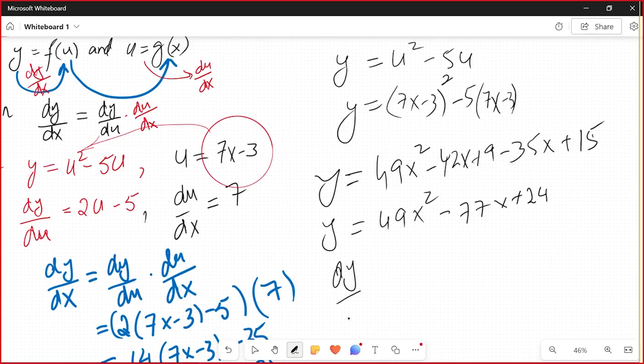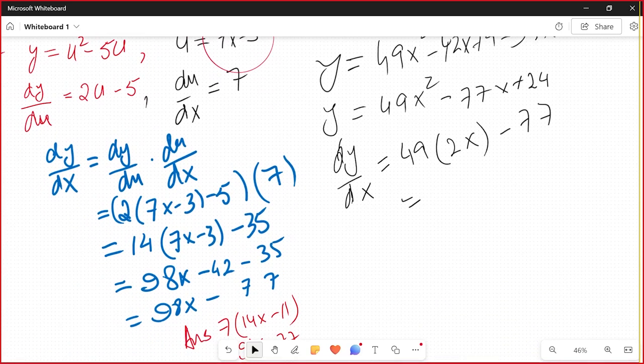So what would be dy upon dx? It would be 49 times 2x minus 77. 49 times 2 is 98x minus 77. It's the same answer.